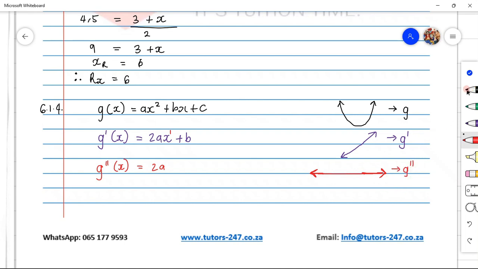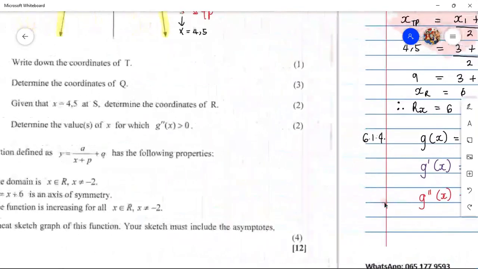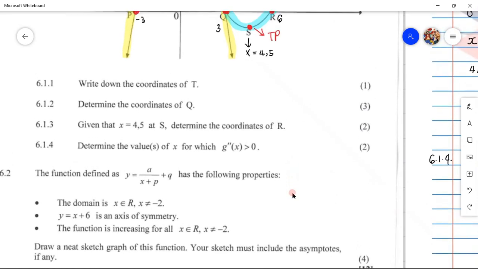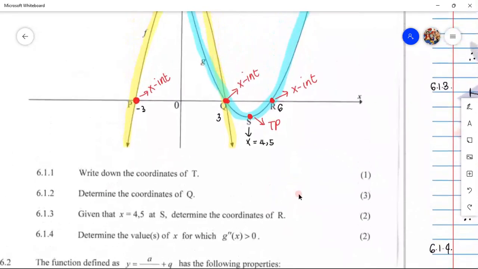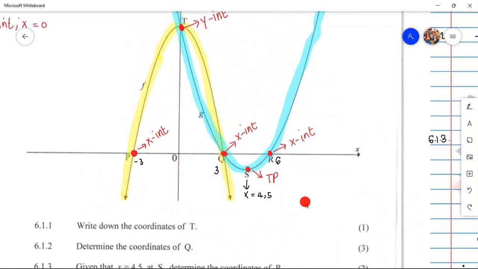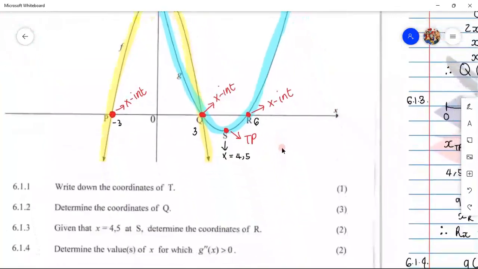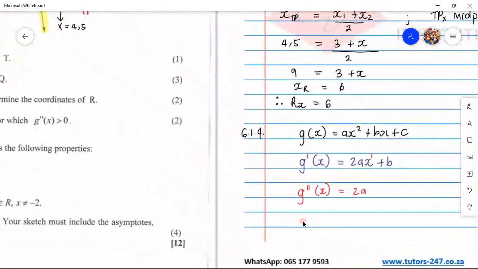So our question was, let's go back to our question and just double check what it was. Given the value, determine the values of x for which the second derivative of g is greater than 0. So we know that g of x has a positive shape, which means a is greater than 0.